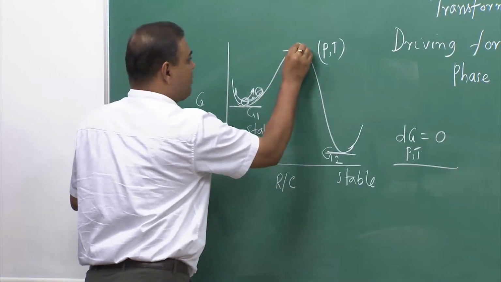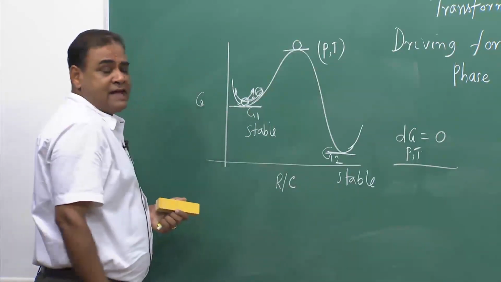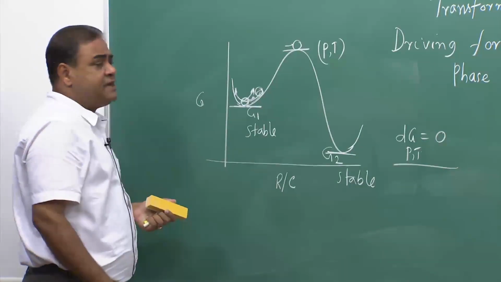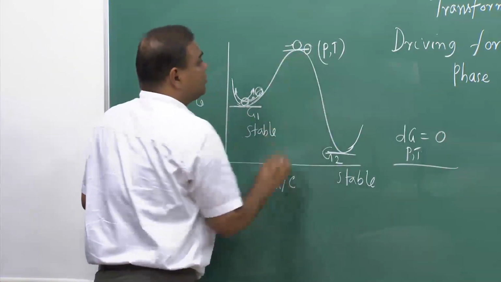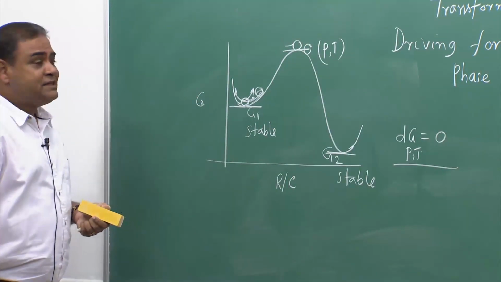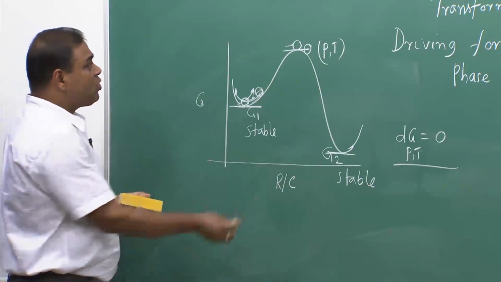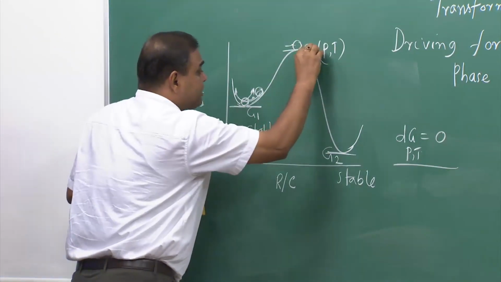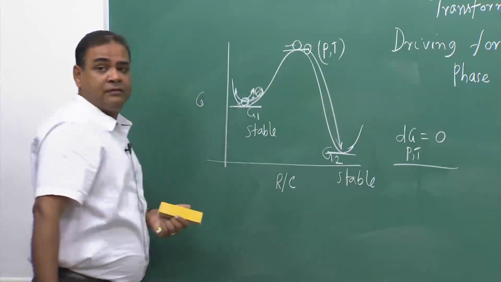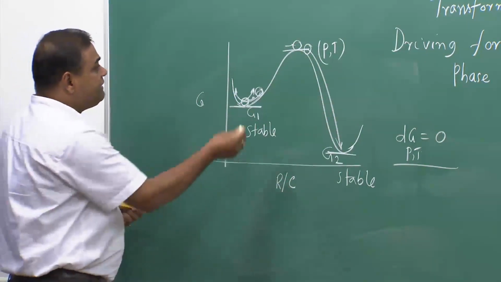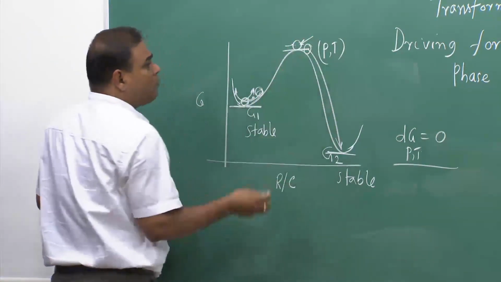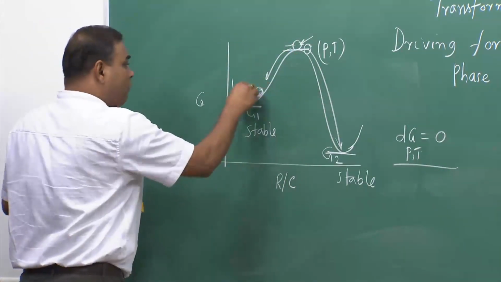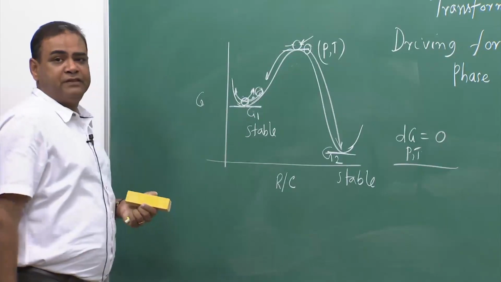Now, at this point, if I have a ball and give a very little displacement to this, immediately it will come to the down slope. Then it cannot go back to this position on its own, rather it will fall down here. Even if I give another small disturbance, it will move and fall down and come to this.